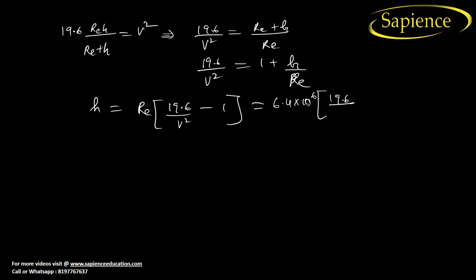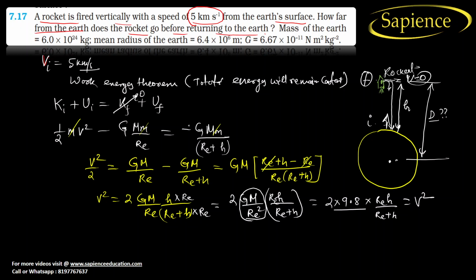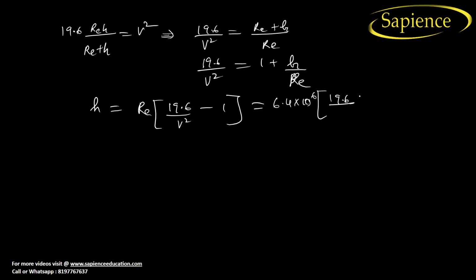They have given the velocity of the rocket as 5000 meter per second. The radius of the earth is 6.4 into 10 to the power 6, and the velocity is 5 into 10 to the power cube, so 5 into 10 to the power cube whole square minus 1.